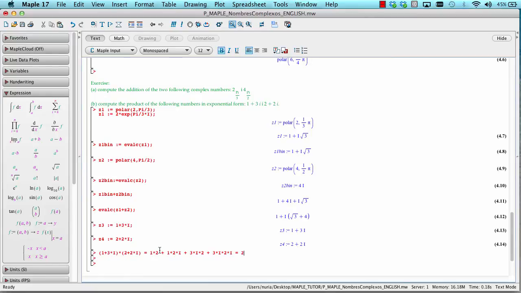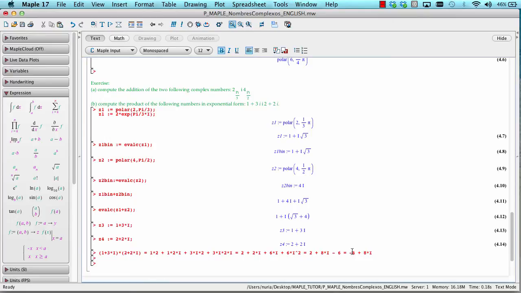Then we have 2 plus 2i plus 6i plus 6i squared. Now 6i squared, so we have 2 plus 8i minus 6, because i squared is minus 1. So we would get minus 4 plus 8i.